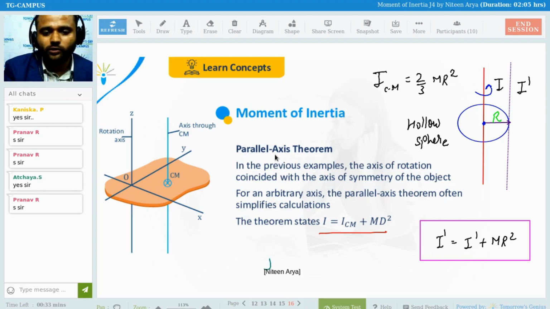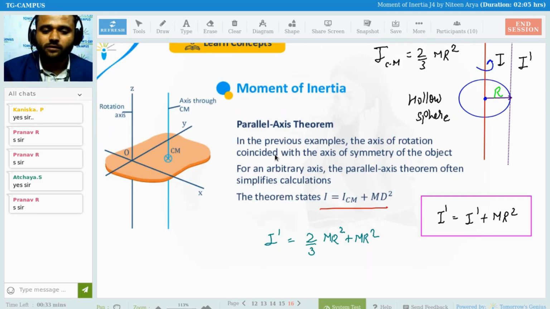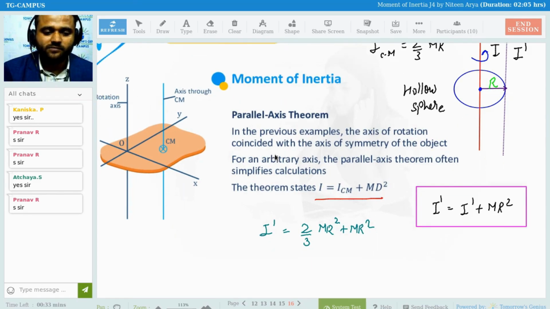So beta, I prime is going to be 2/3 mr² plus mr². You can do the mathematics, it's very easy.